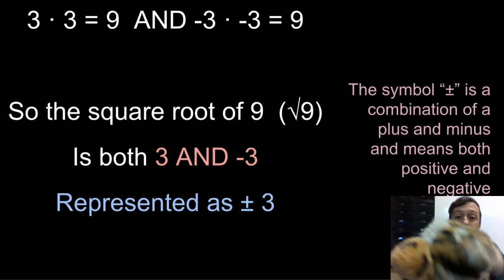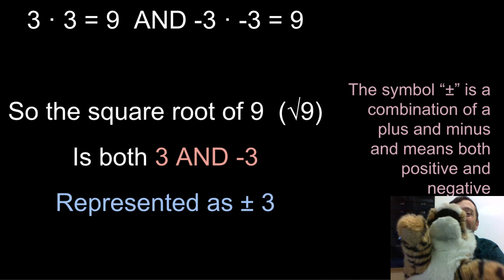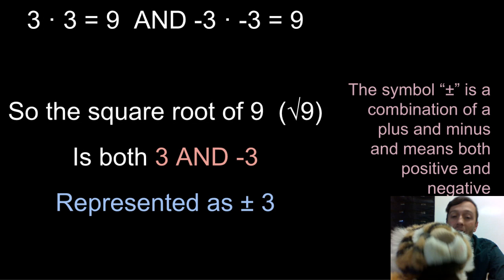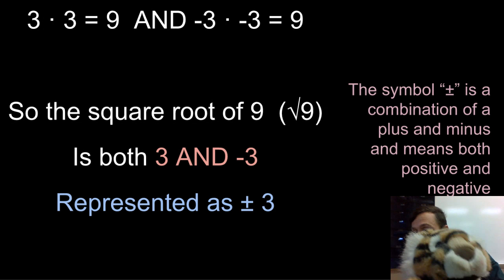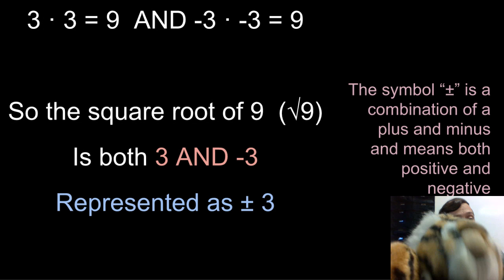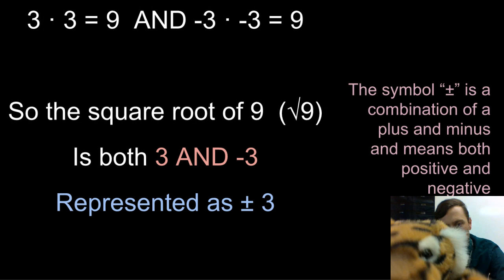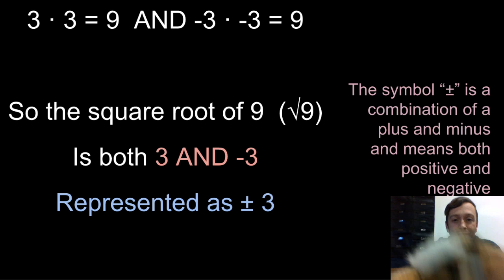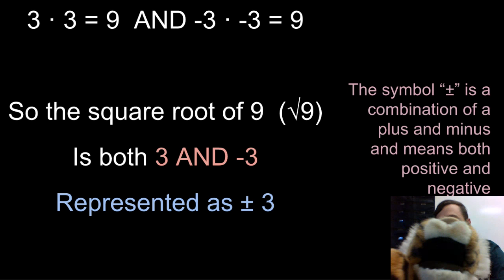So the square root of 9 is both 3 and negative 3. We've got a special symbol for that. It's a plus and minus put together. It means both positive and negative. So I'll let you know now, if you've got a test and the question says, what's the square root of 9, and you just put 3, you're wrong. The answer is positive 3 and negative 3.